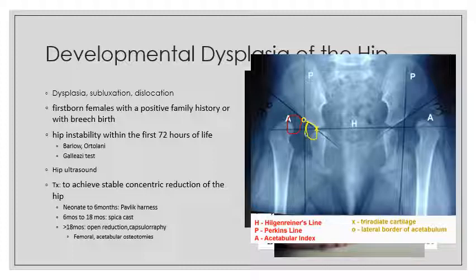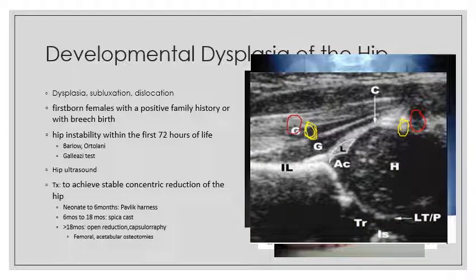If we can observe, the acetabulum is quite shallow, so this should be around this area as compared to this one. That's why if you want to see further, the hip ultrasound is also requested. You can see the relationship of the femoral head to the labrum as well as your acetabulum.